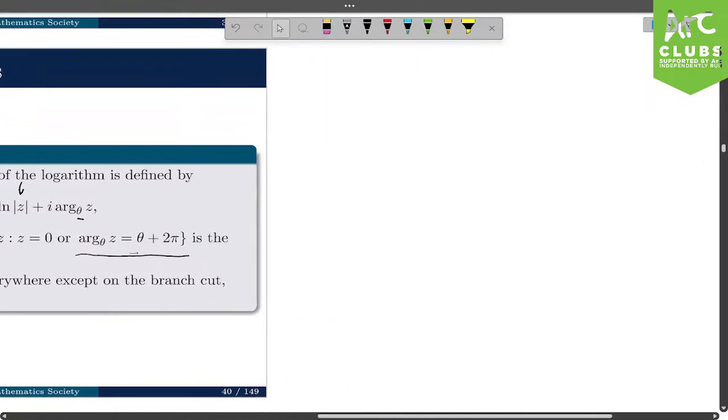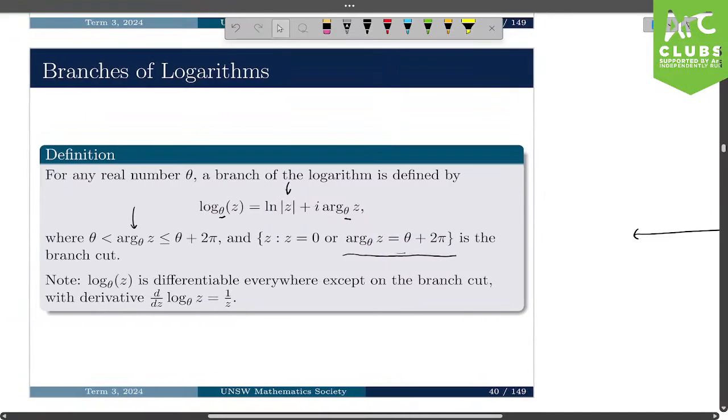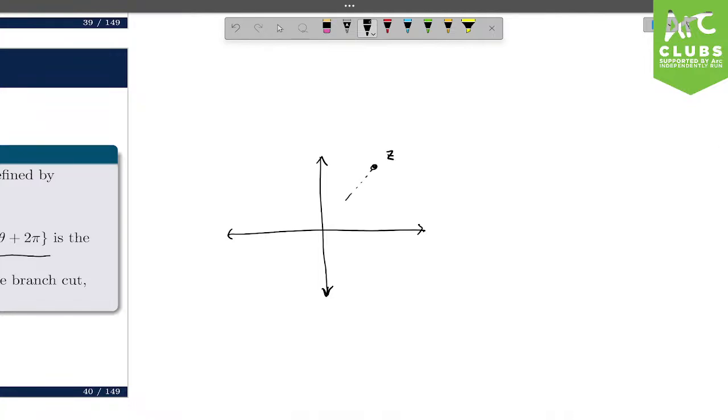So if this is a bit confusing, that's okay. It's actually not too bad, right? The tricky part comes from imagining what that branch of the argument looks like, right? So if you had some complex number z, how would you ordinarily find its argument?